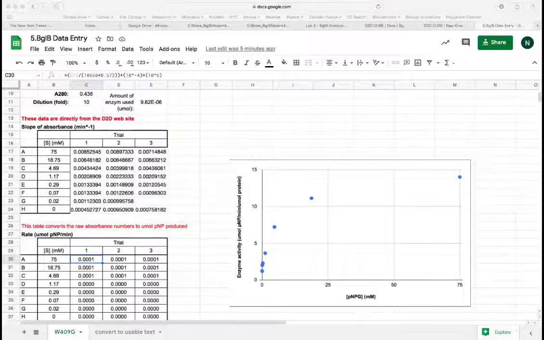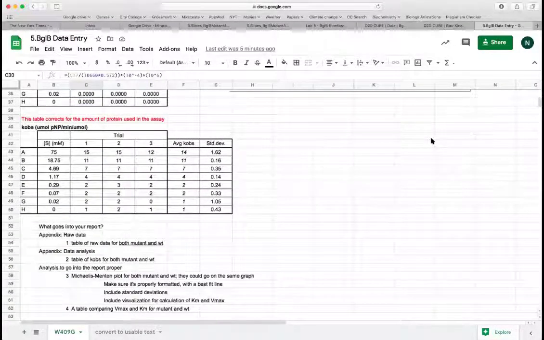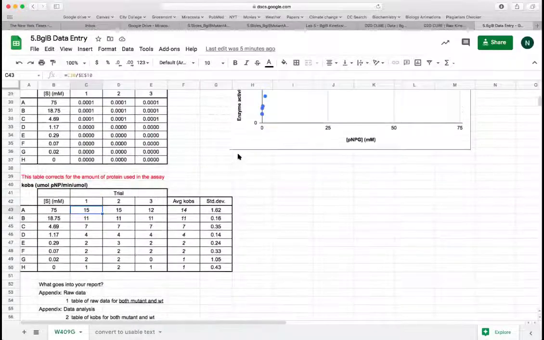The final step, and once again, this is done for you in this table, is to correct for the amount of protein in the assay. I'm once again starting with this change in paranitrophenol per minute.